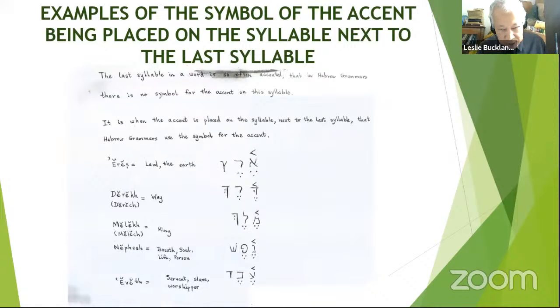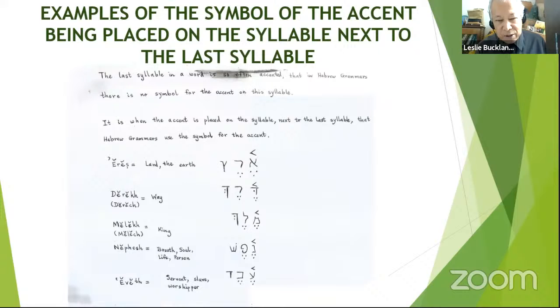The next example is eveth. It's a two-syllable word. Now notice that e is the first syllable, beth is the second syllable. But notice that the second syllable, which is the last syllable of the word, is not accented. It is the syllable before the last syllable that has the accent.